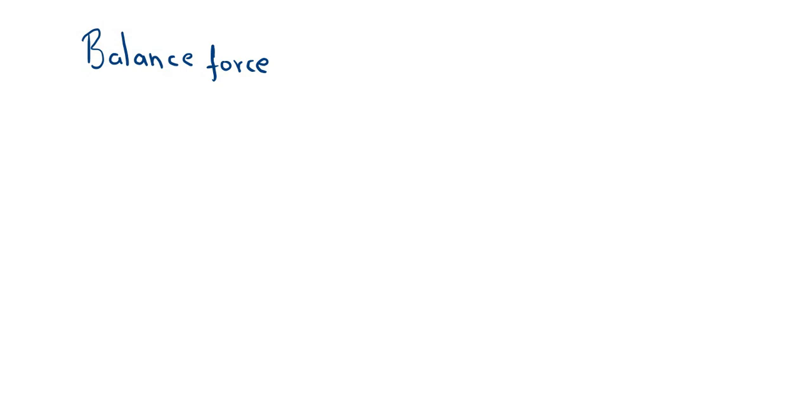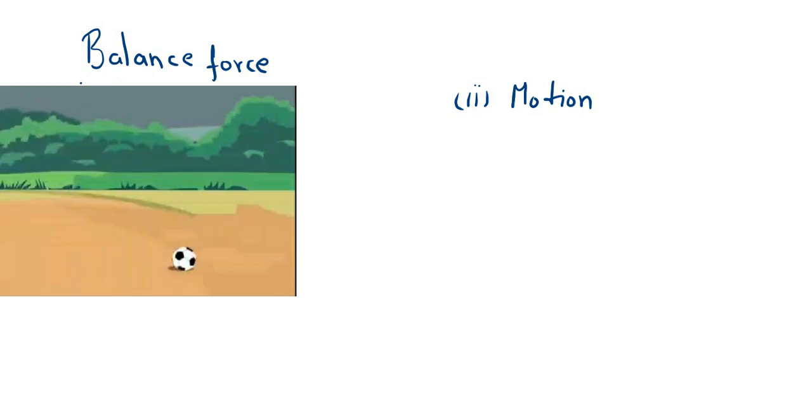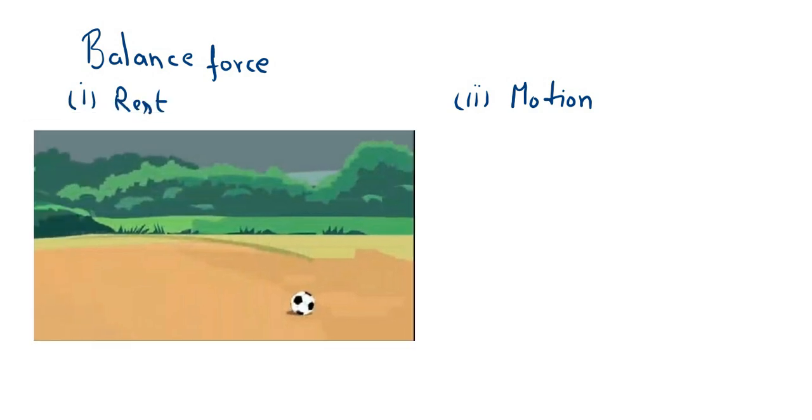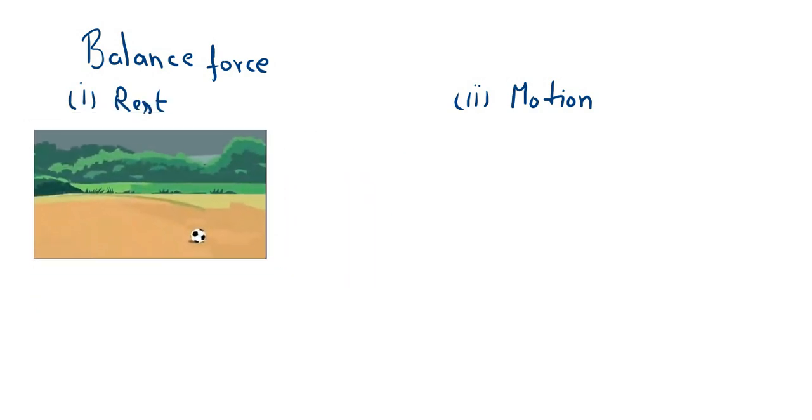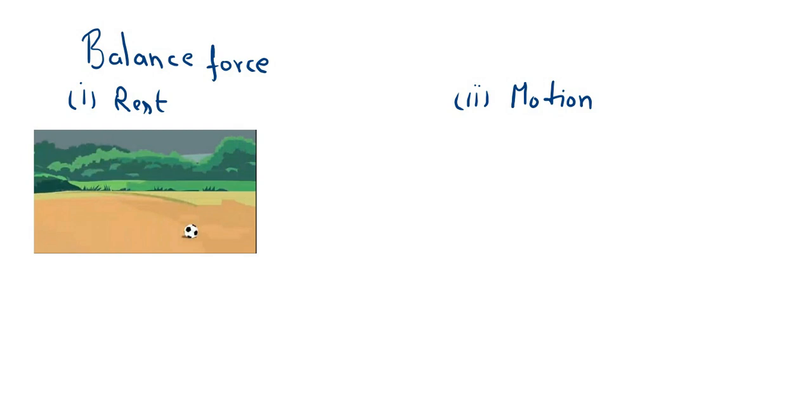We know, student, there are two states of an object. First is rest and second is motion. Let us take a picture of a stationary object. Suppose this is a ball which is at rest initially. If a balanced force is applied on this ball, what will happen?